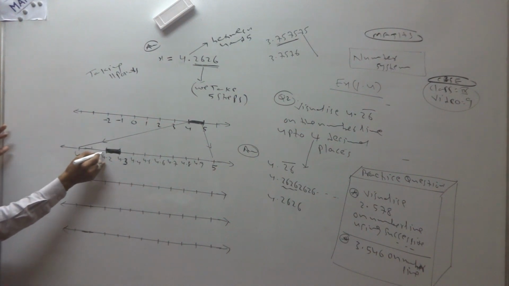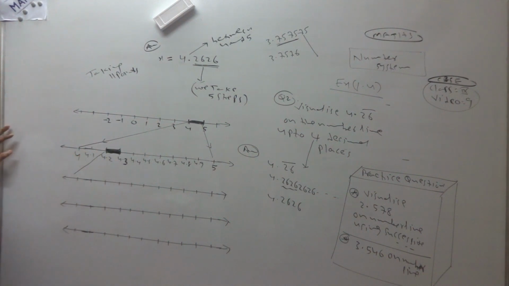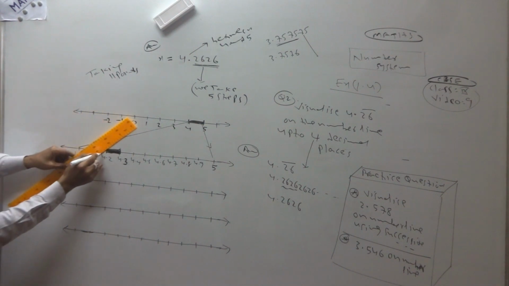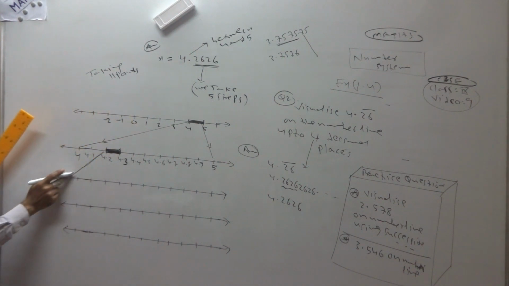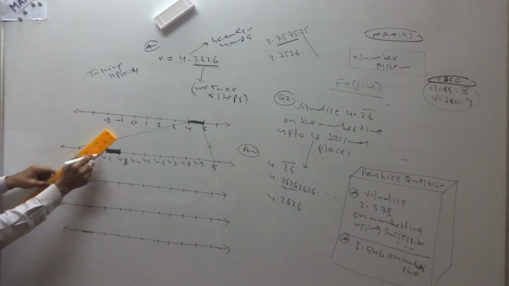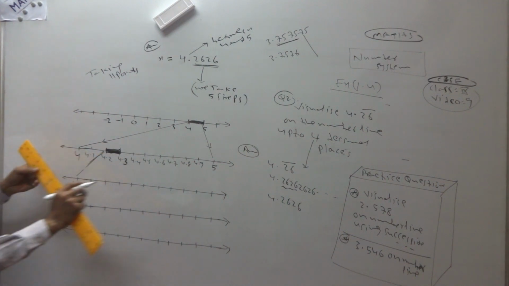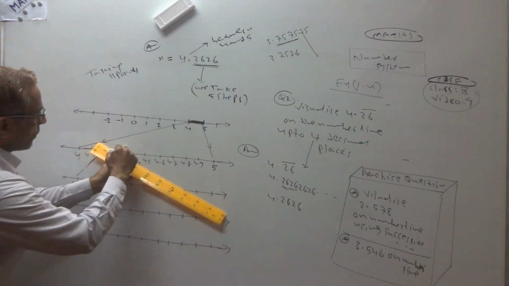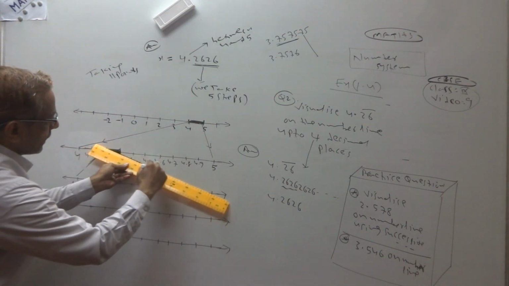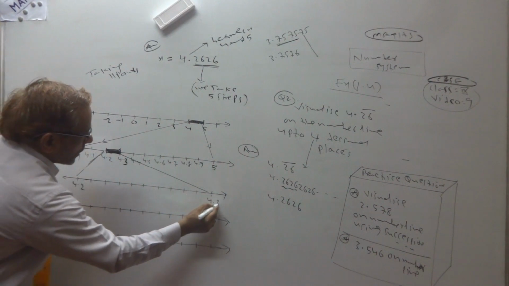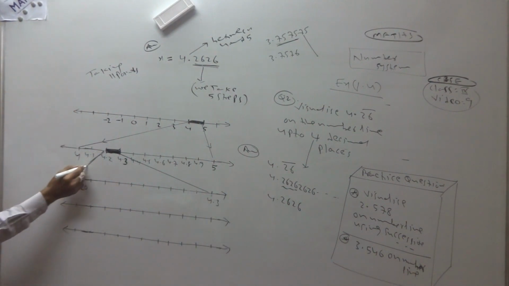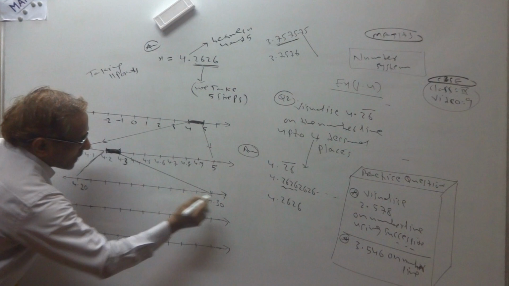Now here you take 4.2, and here you take the last, 4.3. Got it? Add 0.